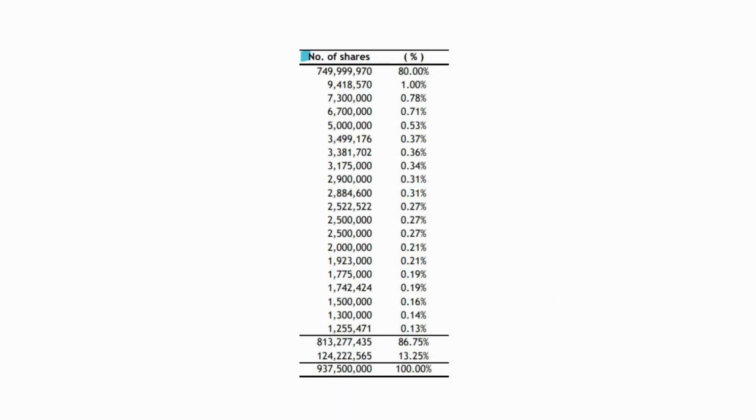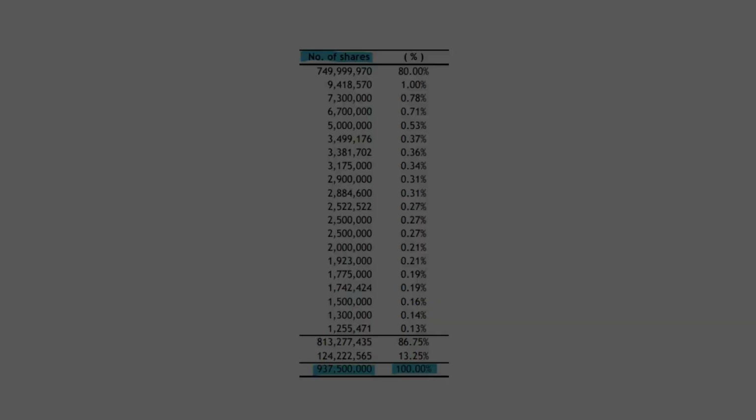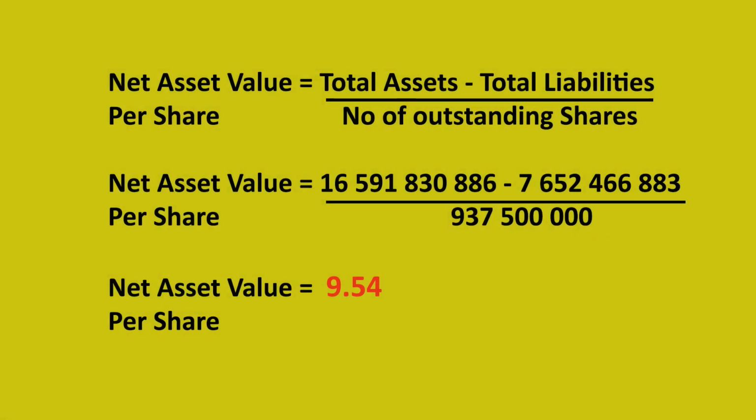The annual report also tells you how many shares a company has issued. This company has 937,500,000 shares. Now we can calculate net asset value per share. Net asset value per share equals total assets minus liabilities, divided by number of shares outstanding. So this company's net asset value per share is 9.54.